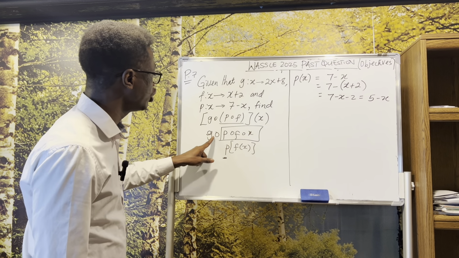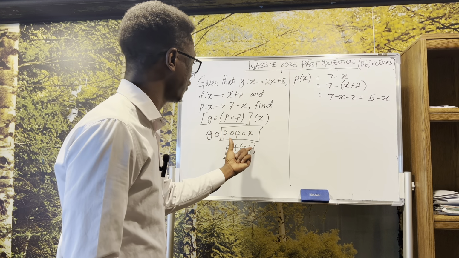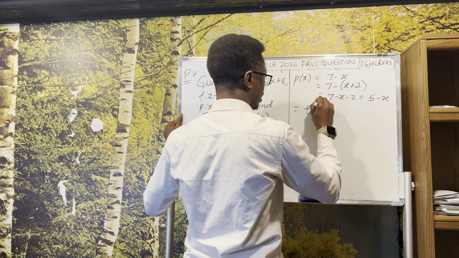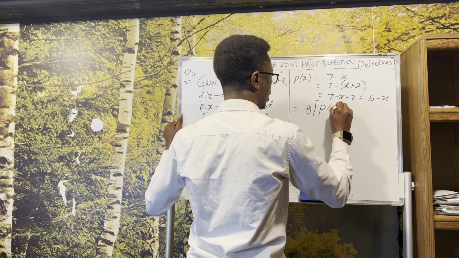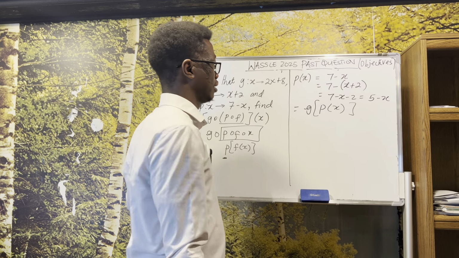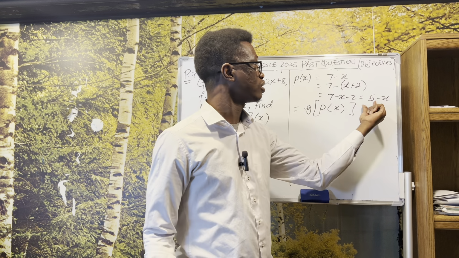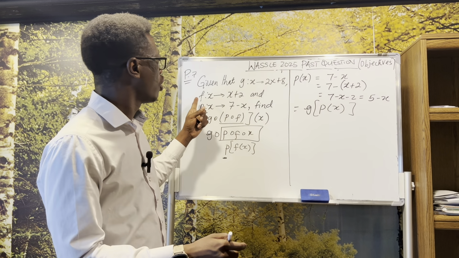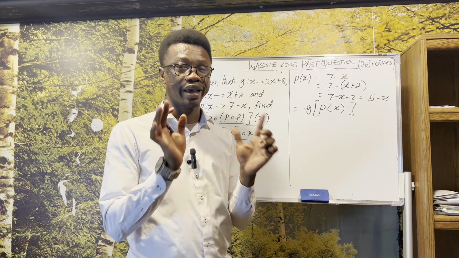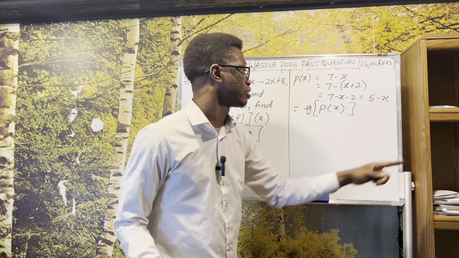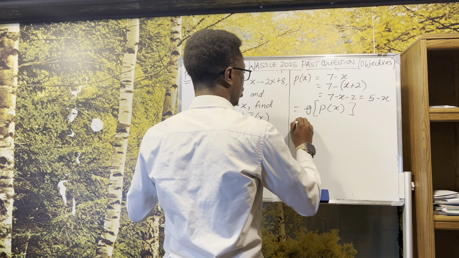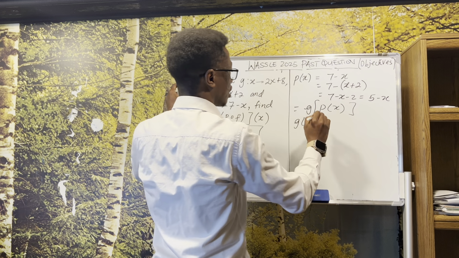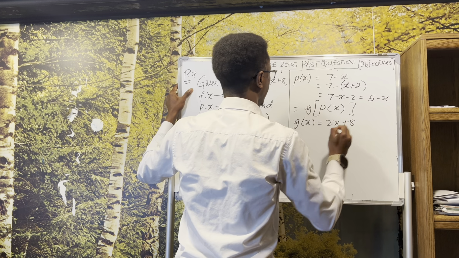But now you have g of p of f here. So the last thing: p of f of x is 5 minus x. So for the g of x function, wherever we see x, we put 5 minus x. G of x is given as 2x plus 8.